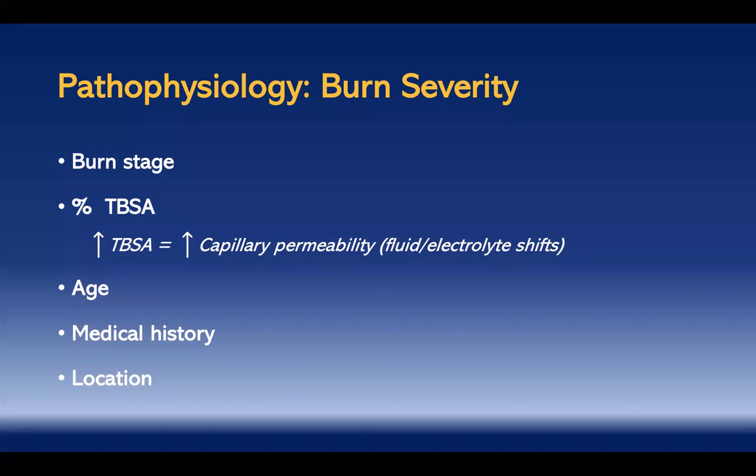Those areas specifically are troublesome because they either impact function, like seeing and hearing and breathing, the ability to use your hands and feet to be mobile and move around. And with the perineum and buttocks, it is really hard to keep those wounds clean, and so those patients run a higher risk of infection.